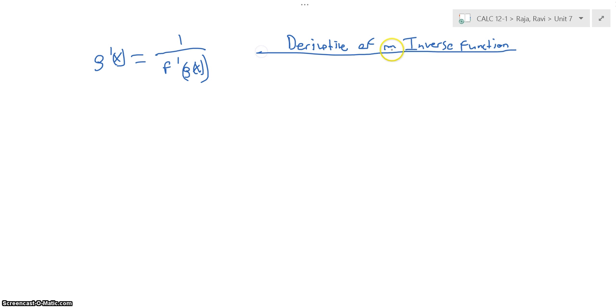The way we do that is through this formula here. So I'll explain a little bit of what is happening. In this case, we can let f be a function.